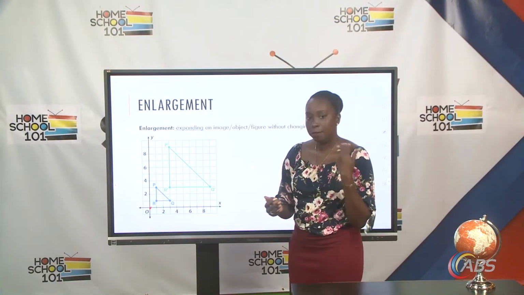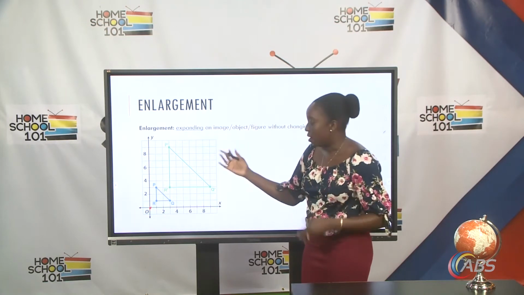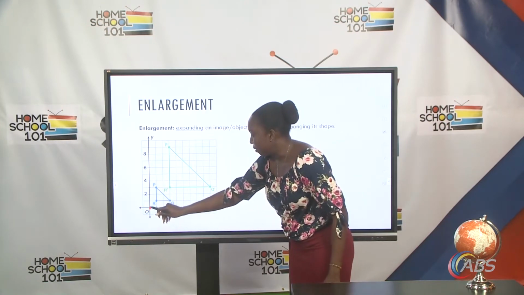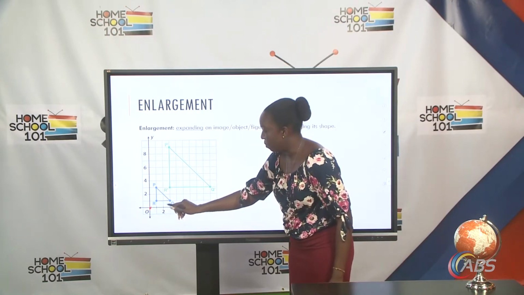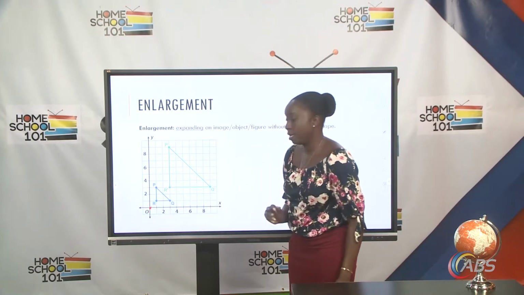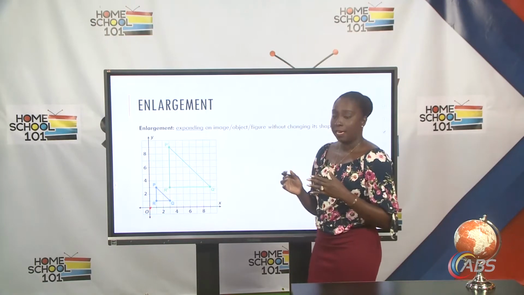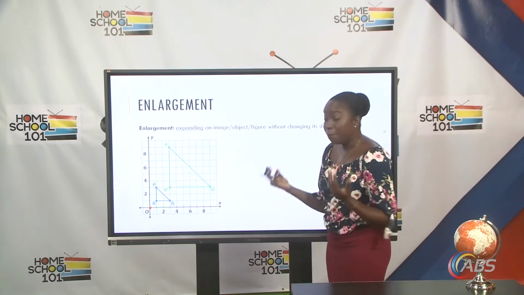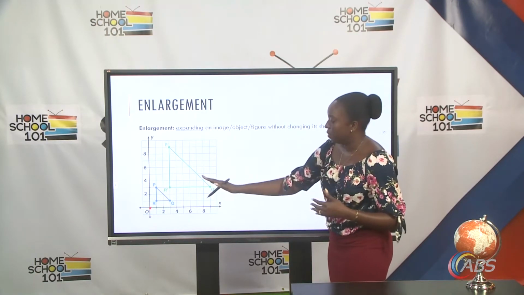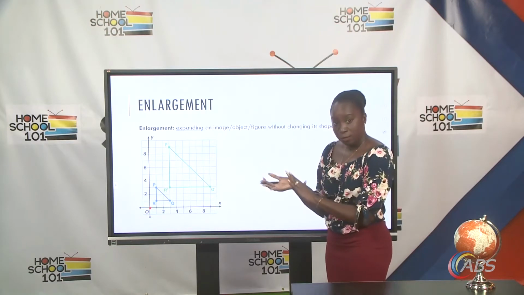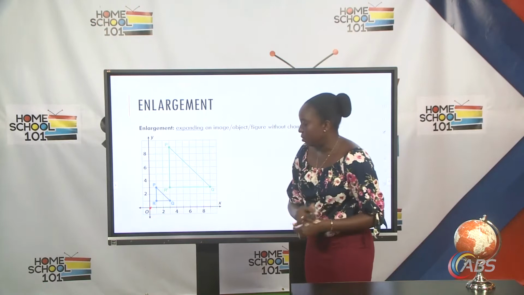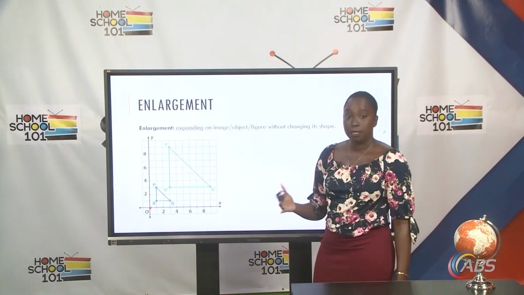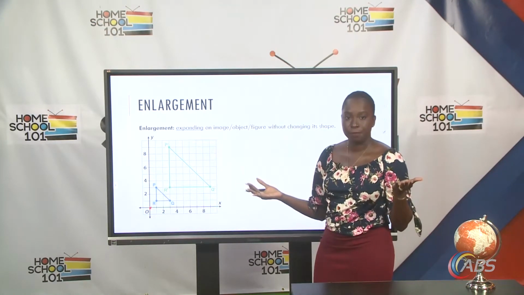So how do I get from the origin to R prime? I would go to the right 1, 2, 3, and up 1, 2, 3. Now, if I do a division or a comparison of from origin to the point, I would realize that the green triangle would be an enlargement of a scale factor of 3, okay?